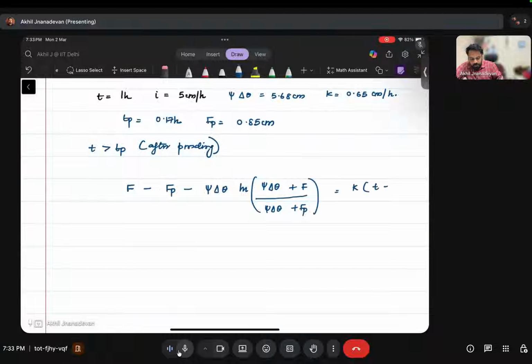Right. So here we can write this with F as the unknown that we need to find.